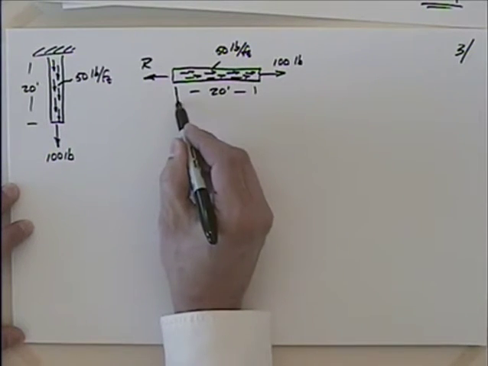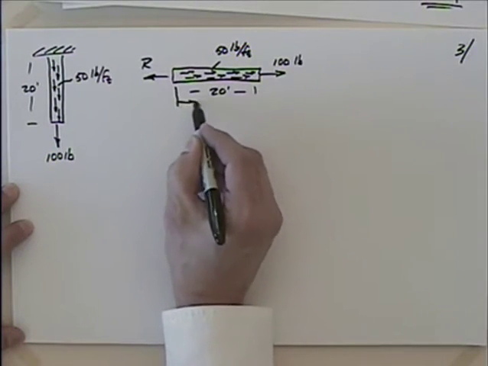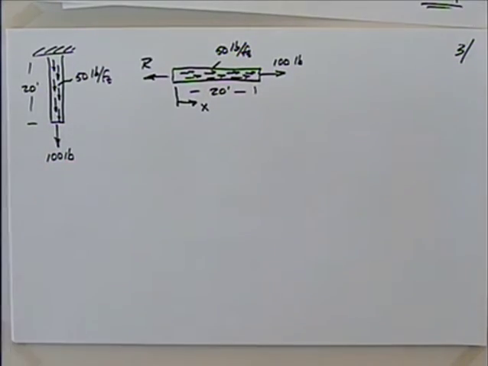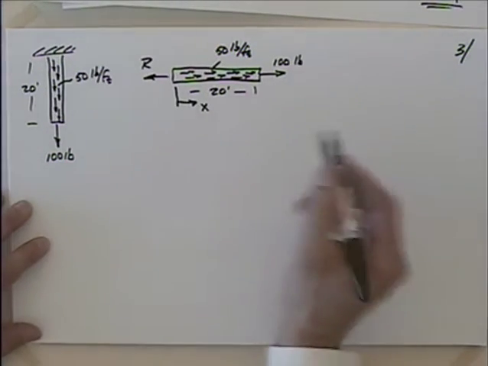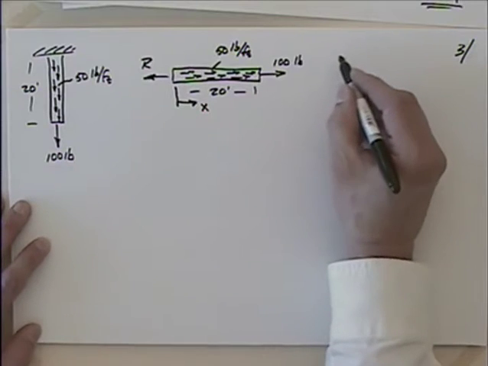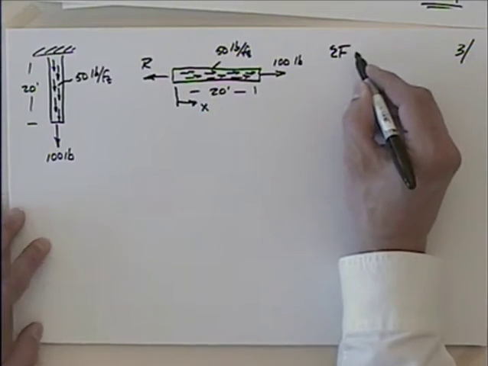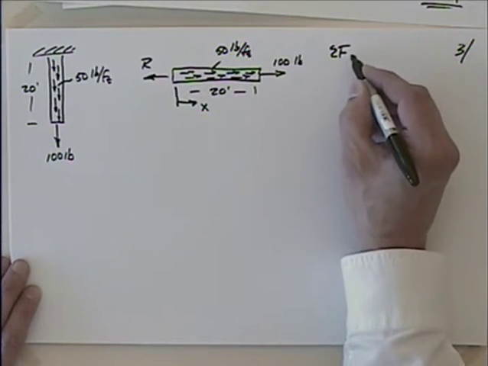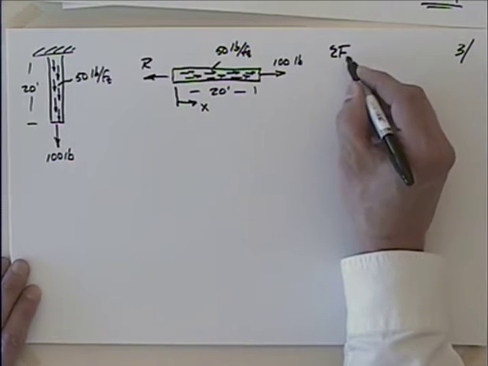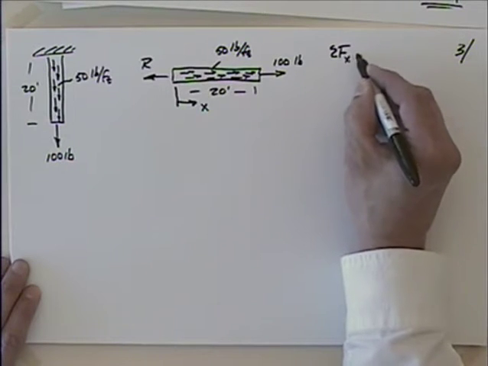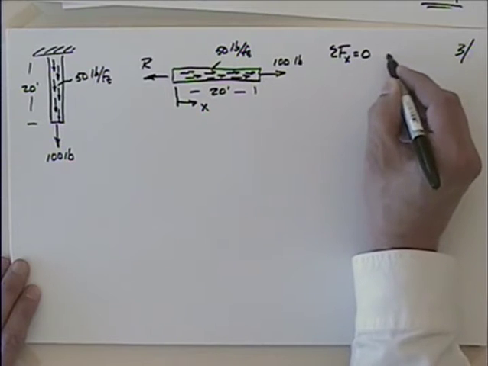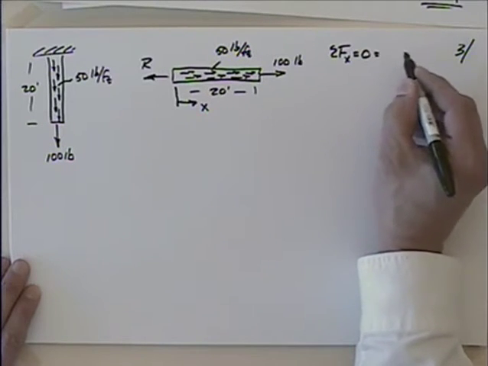Incidentally, we'll take x at the left-hand side and say x is going that way. So if I sum the forces in the x direction, setting that equal to 0, I could say that I have what?